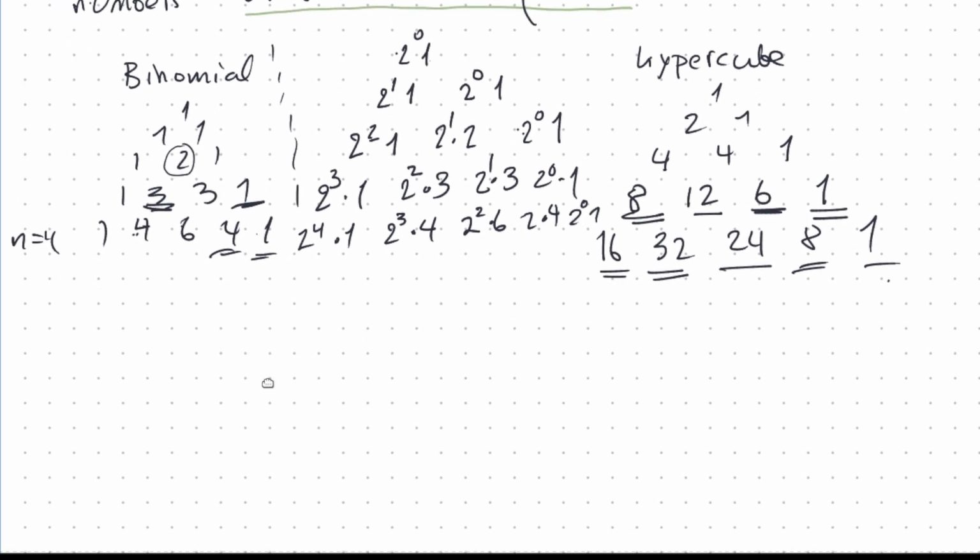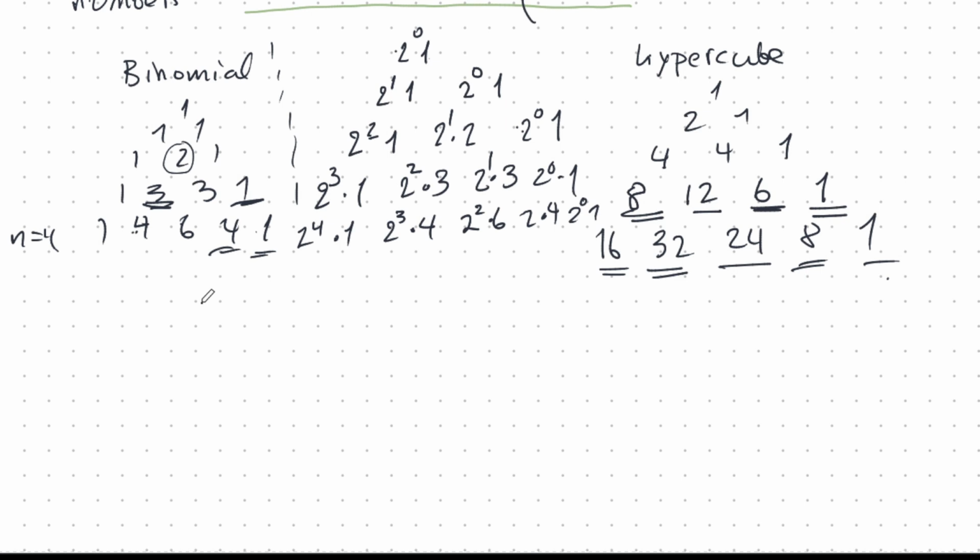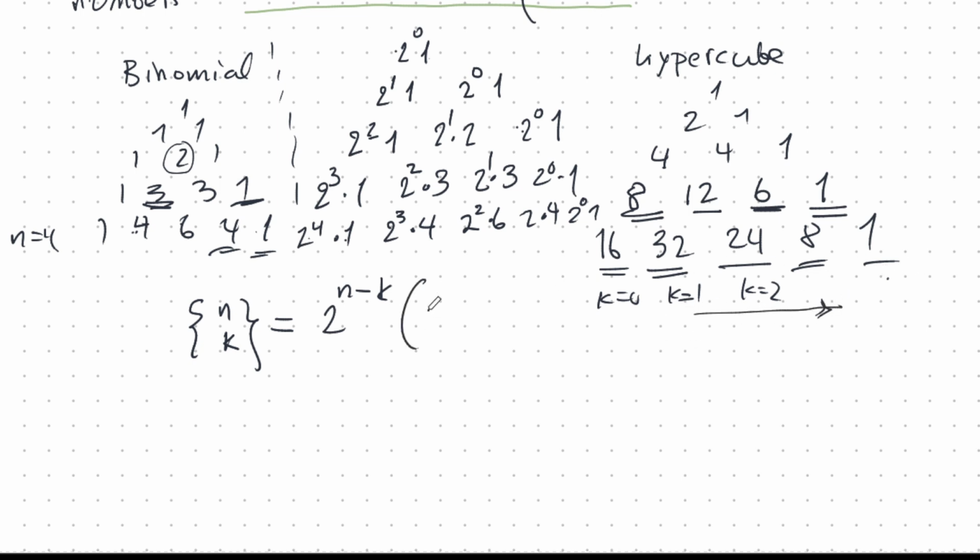So if we now write this in closed form, we look at these powers: it's 2 power n minus k, where k is the position, k is 0, k is 1, k is 2. So I subtract off k. It gets smaller as k gets larger going along a row, and then times the binomial number n choose k.